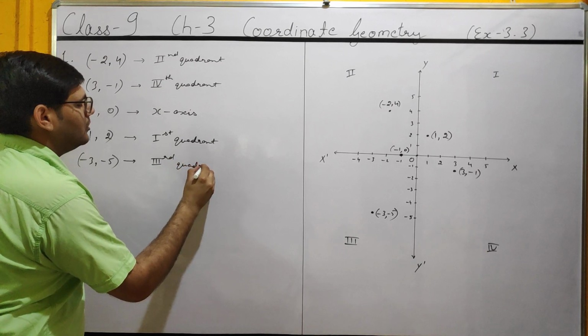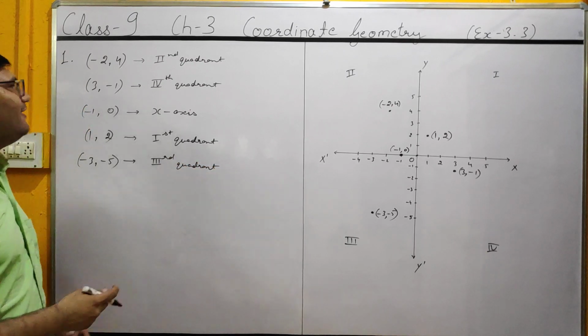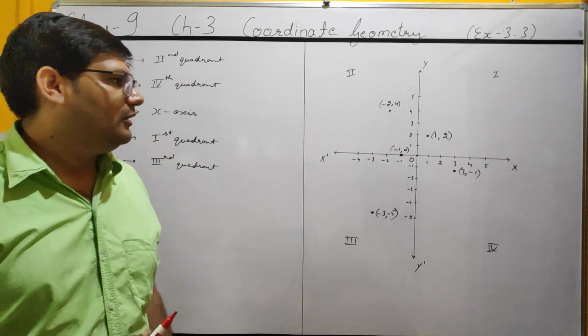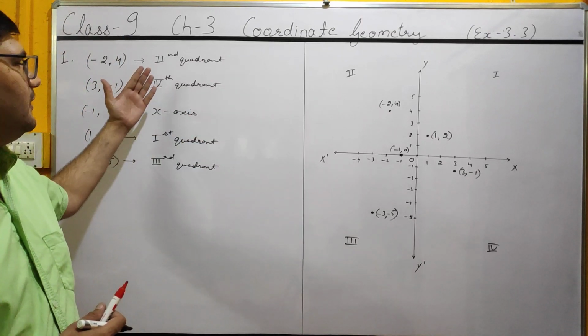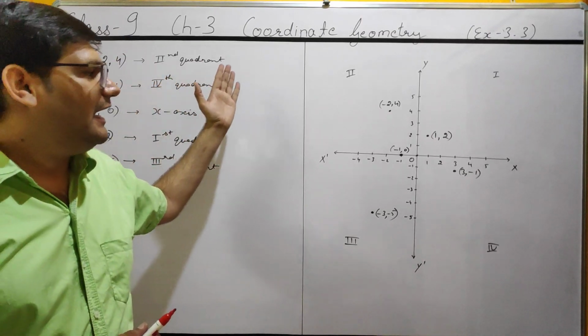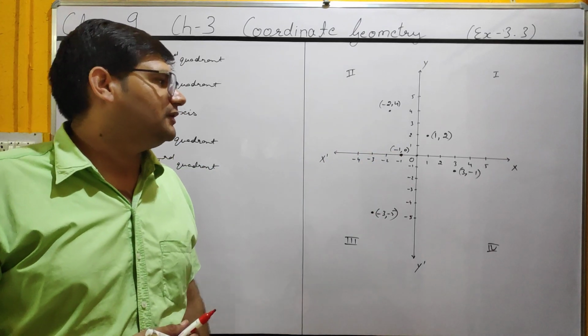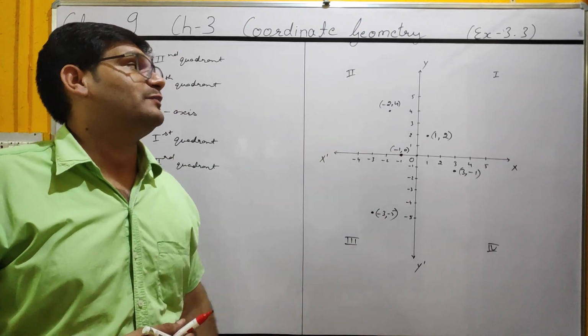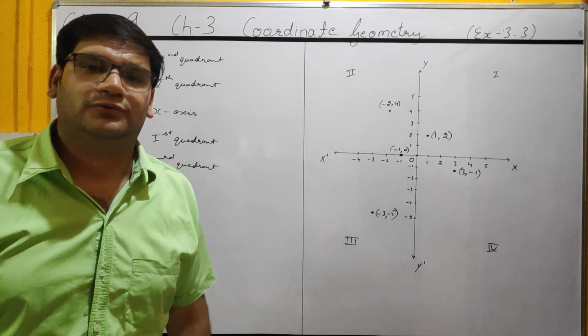So this was the only thing we have to do in question number 1. We need to tell in which quadrant or on which axis it lies, and we need to plot the graph also, that is, locate the points on the Cartesian plane also.